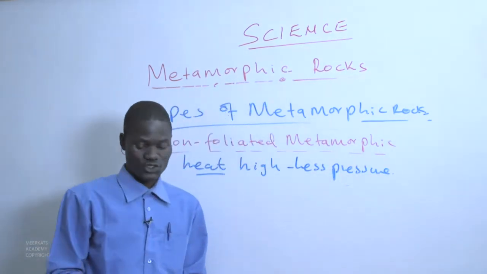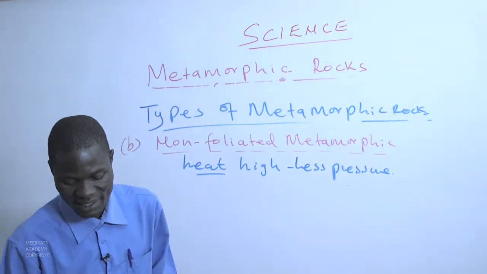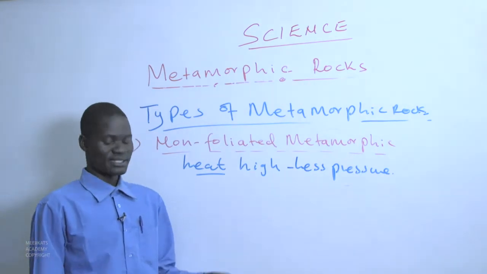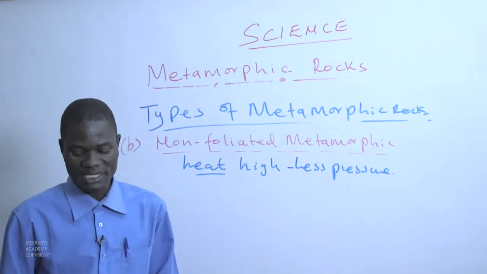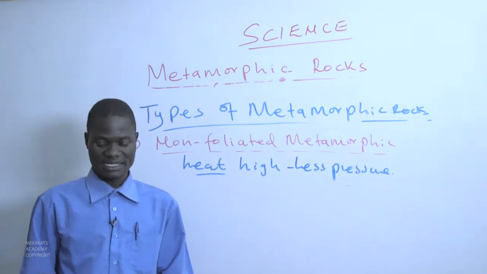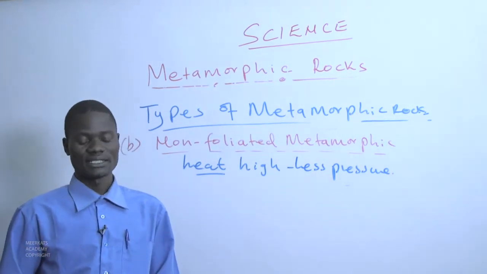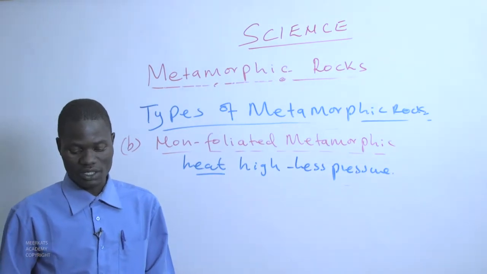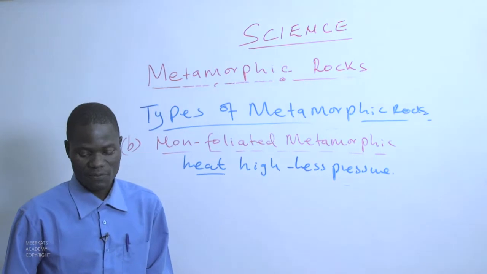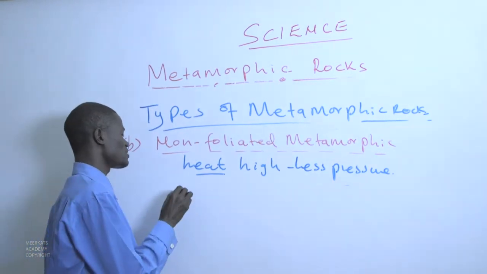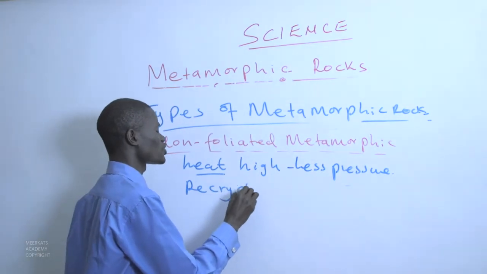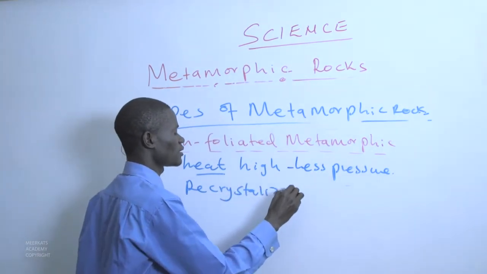When these rocks are exposed to high heat and less pressure on all sides, this prevents the dominant minerals from changing. Therefore, the mineral content found in this rock will realign themselves, undergoing what we call recrystallization.